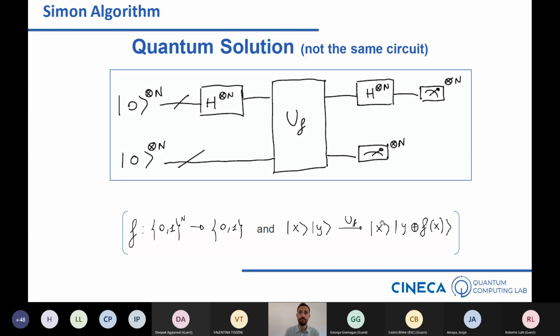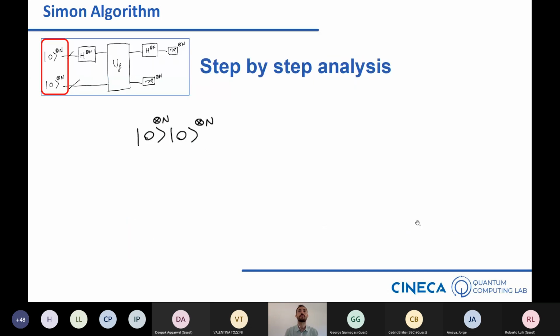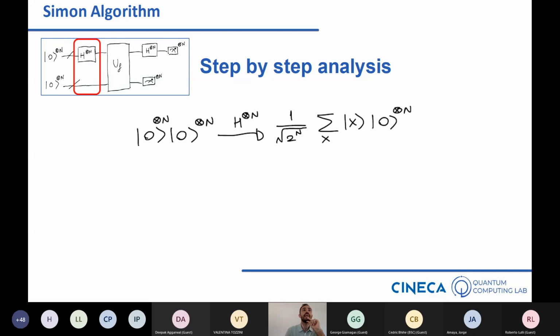Okay, U of f acts always in the same way, but f this time is different. So let's start with the step-by-step analysis. The initial state is this one, and is pretty clear. We apply H of n only to the first register. The second one is unchanged.